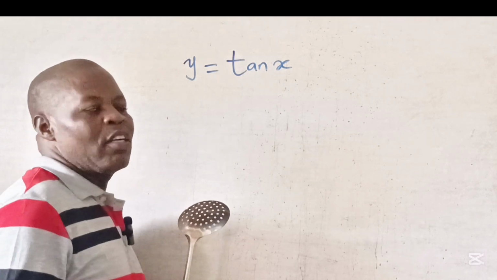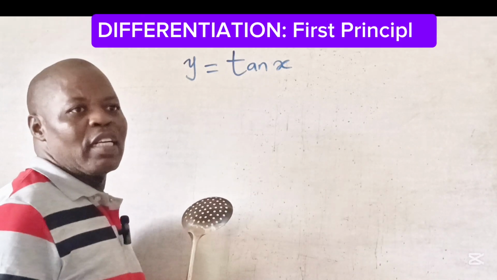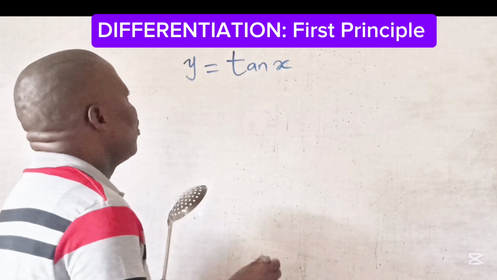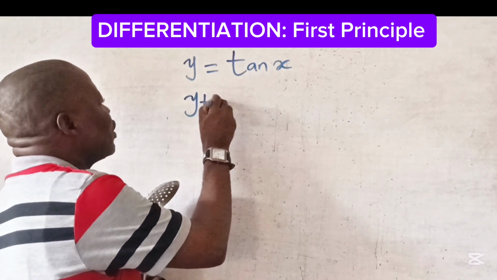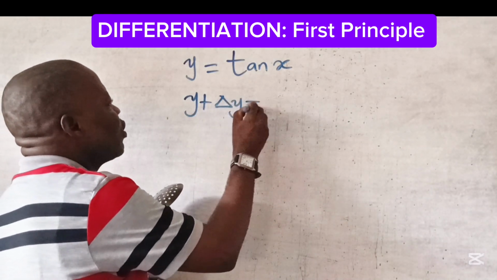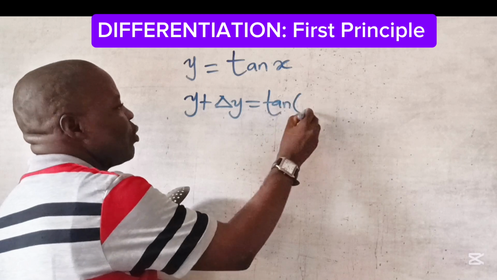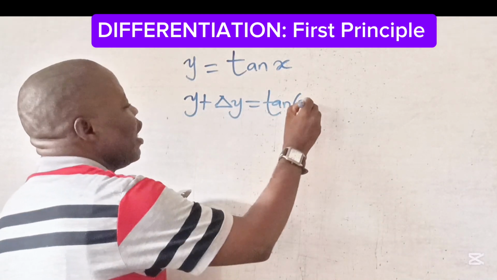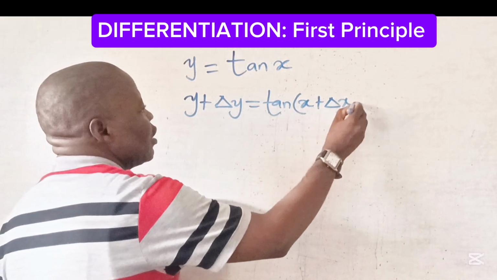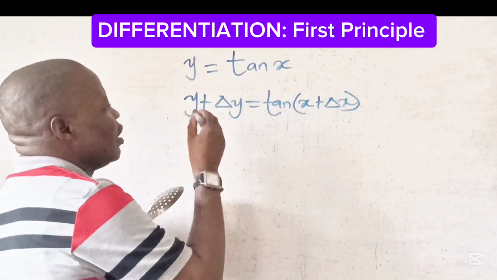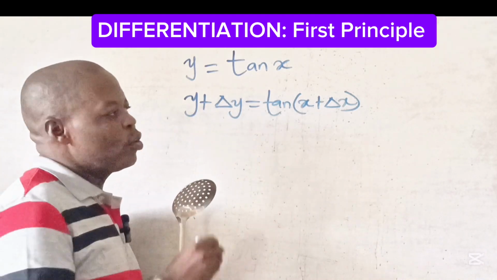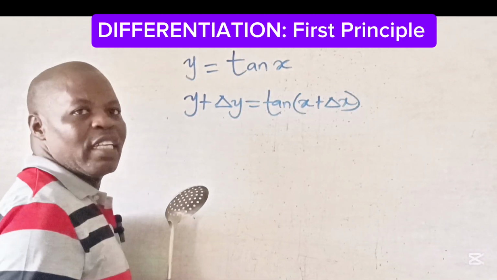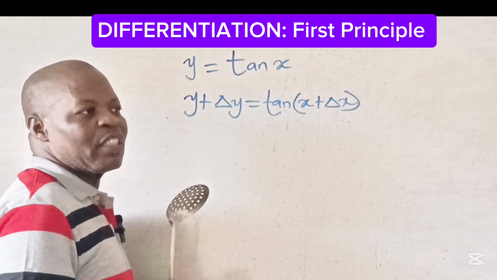The first thing is that both y and x will take their partner. So we are going to have y plus change in y is equals to tan, and x will also take its partner, which is x plus change in x. So the next thing is that we need to move this y to the other side so that only delta y, that is change in y, will be in the left hand side.